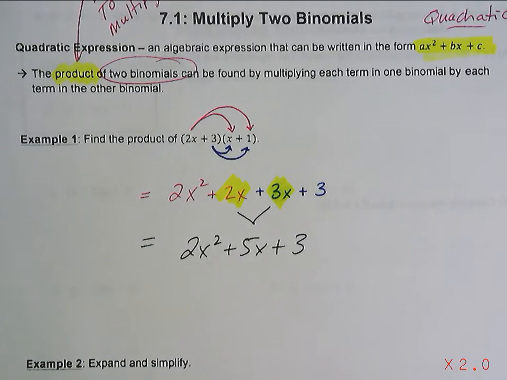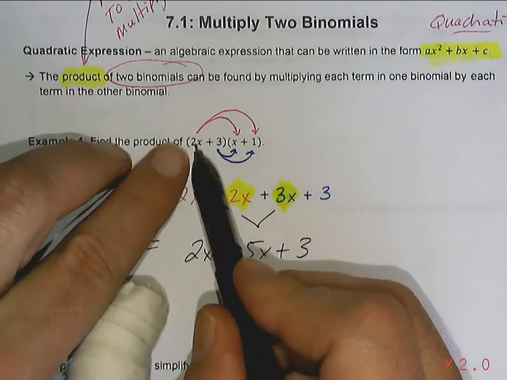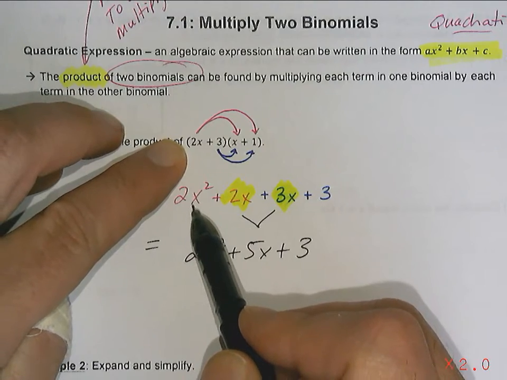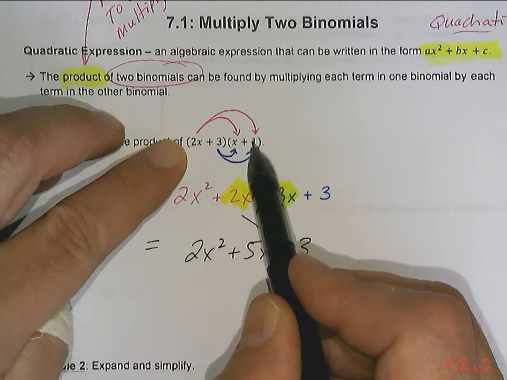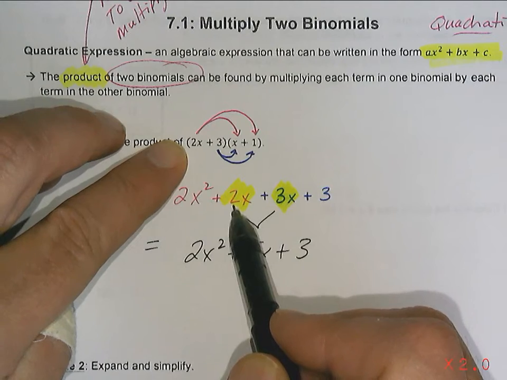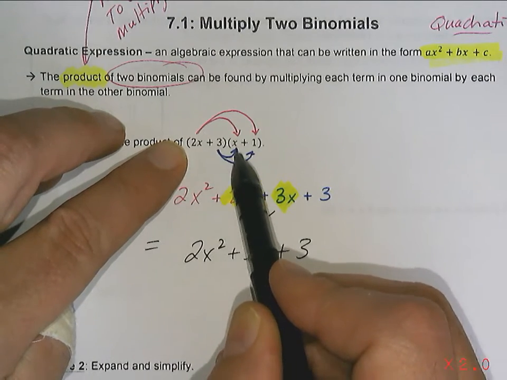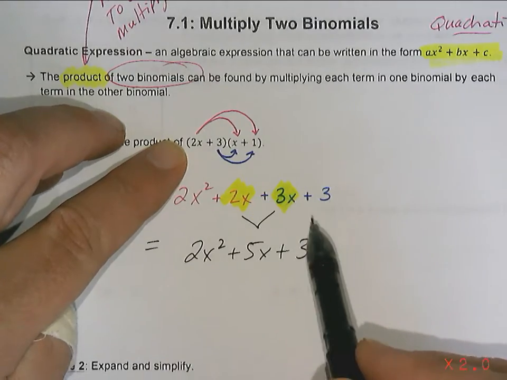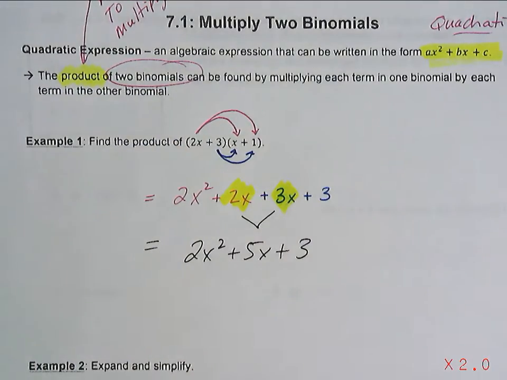Pardon me? Okay, let's go through it. So it's 2x times x, right? Which is 2x squared. 2x times 1, which is 2x. 3 times x, which is 3x, yeah. And 3 times 1, which is 3. Good question. It's your first time seeing this, I think, so let's make sure we get it.